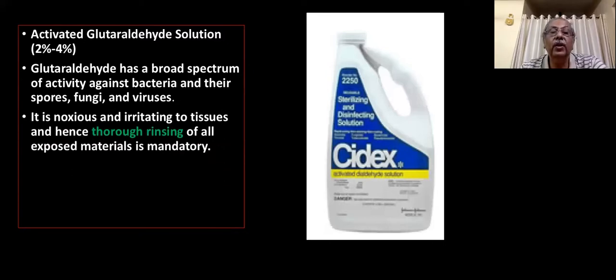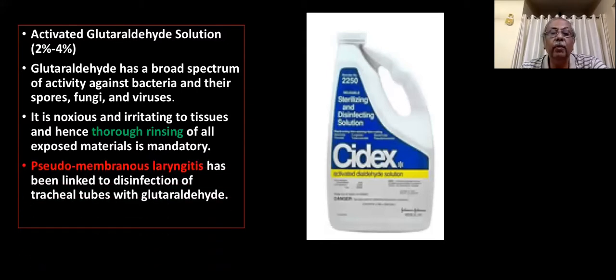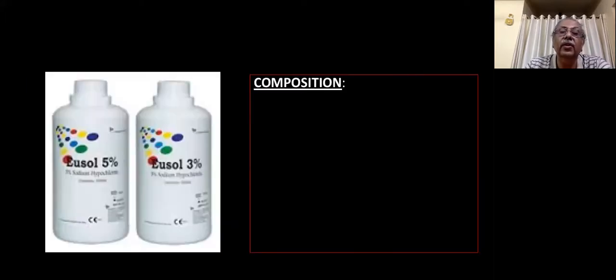It is noxious and irritating to the tissues, and hence thorough rinsing of all the exposed materials is mandatory. Pseudomembranous laryngitis has been linked to disinfection of tracheal tubes with glutaraldehyde. Since it is an irritant, you need to wash the instruments with sterile saline before using them, because it is noxious and irritating to the tissues.